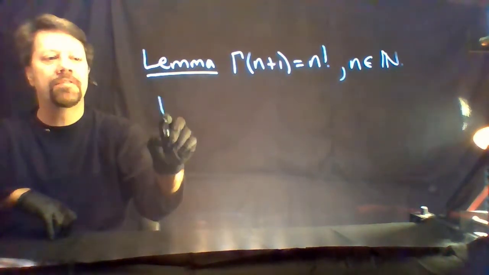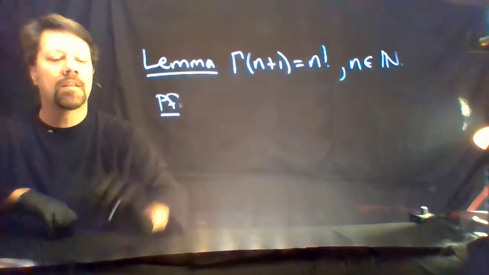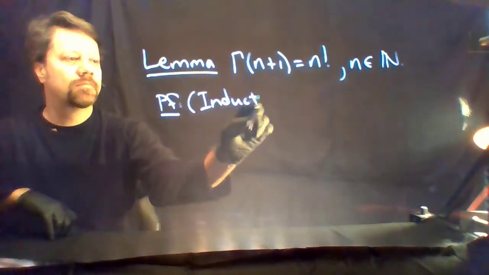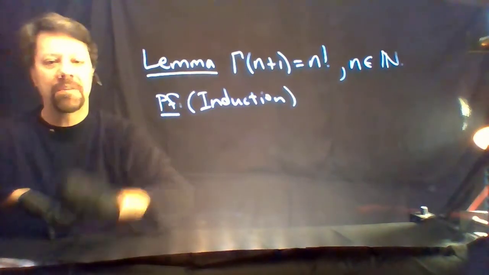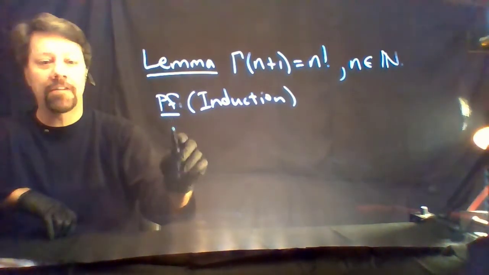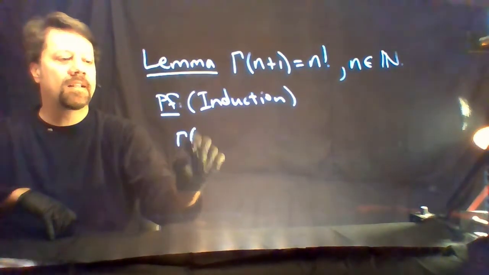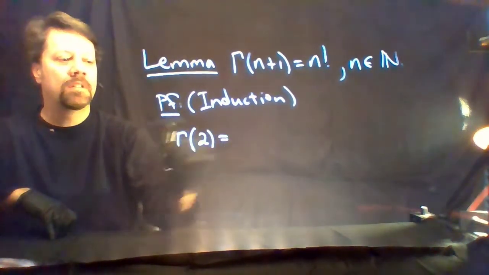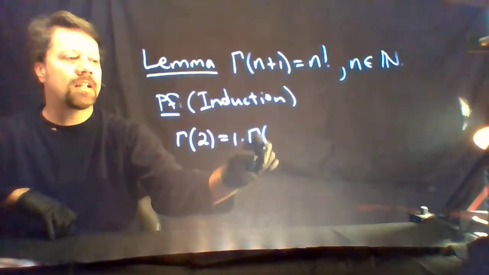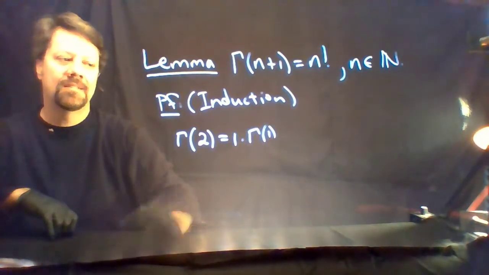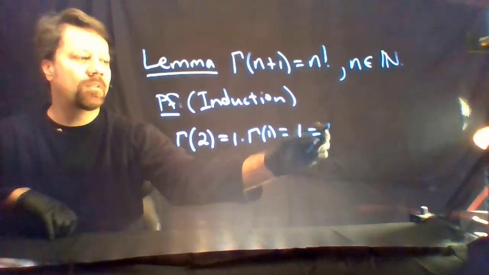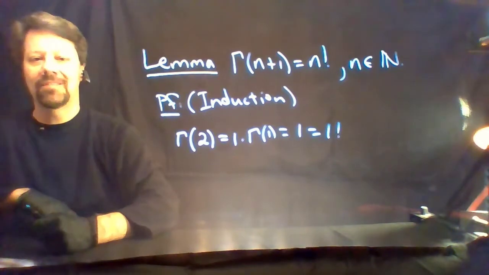The proof is by induction. But before launching into the proof by induction, let's verify this. Let's look at gamma of 2. According to our preceding lemma, this is equal to 1 times gamma of 1, and gamma of 1 is 1, and so we get 1, which is 1 factorial.